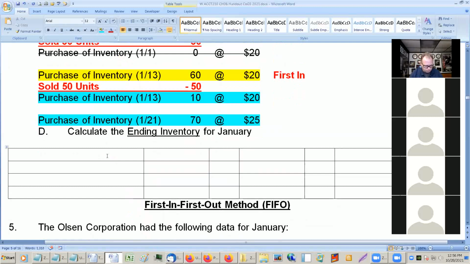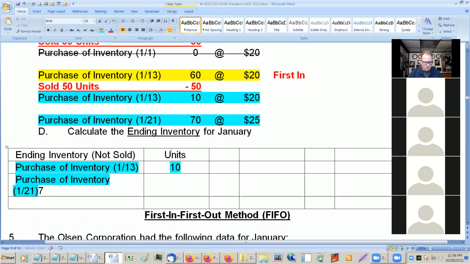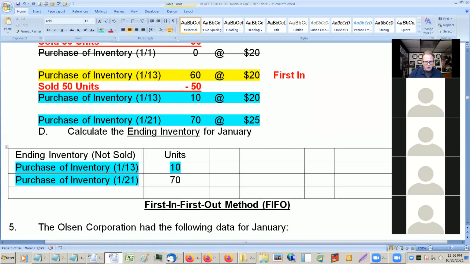So the ending inventory, in other words, the stuff that was not sold, would be this. We still have 10 from there. This.